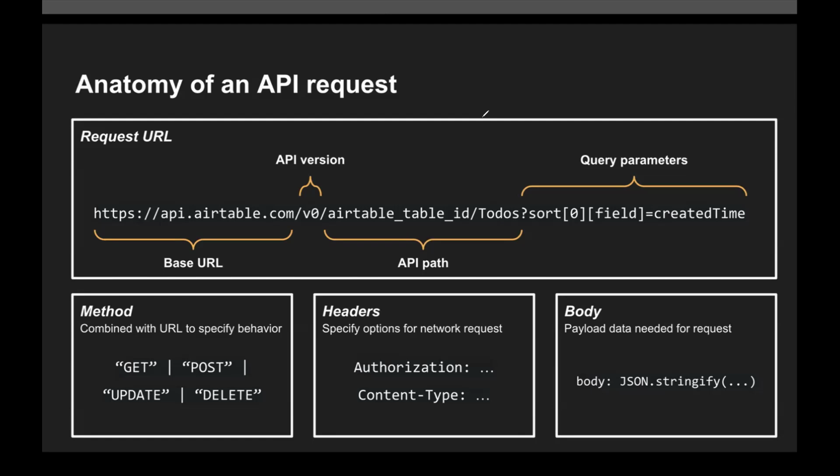Again, on the back end, for a specific endpoint, you might have different behaviors based on different methods. For example, when you hit the endpoint for an Airtable table with a get method, the functionality will be fetching data from the table. If you hit that endpoint with a post method attached, you get different functionality from the same URL.